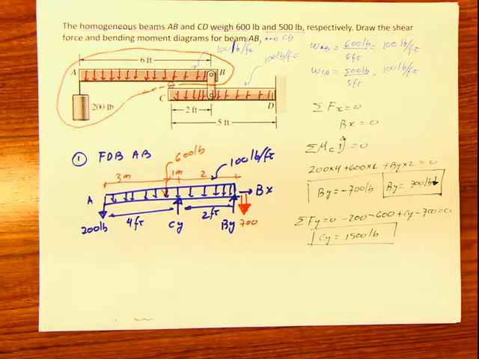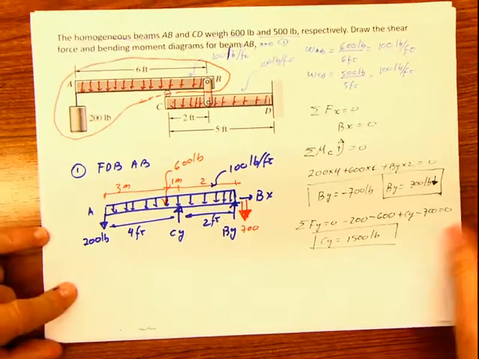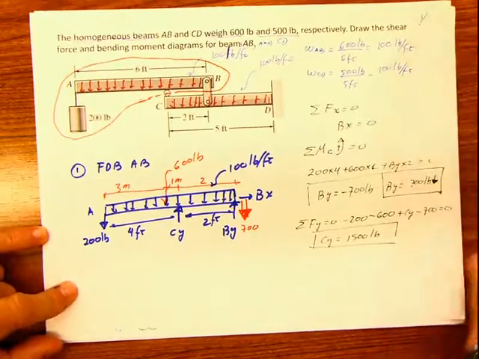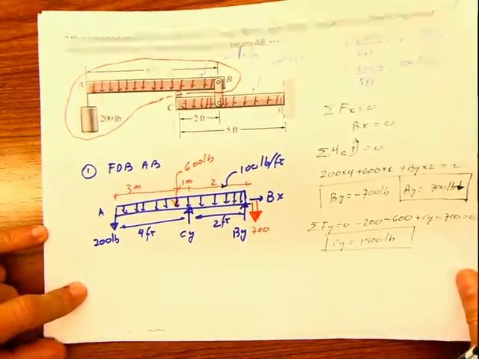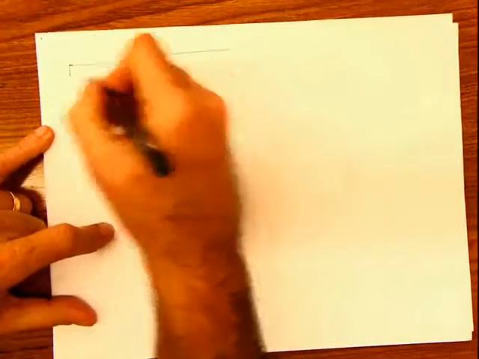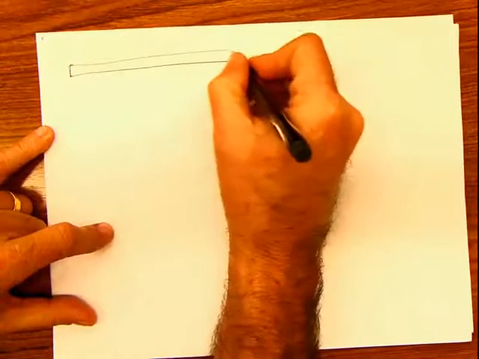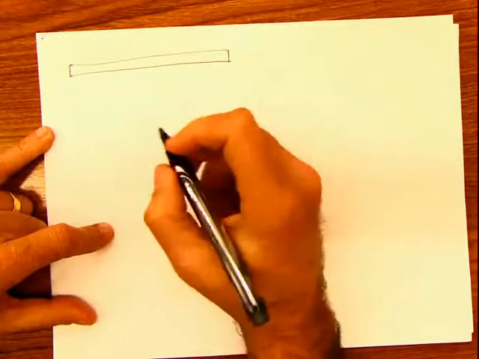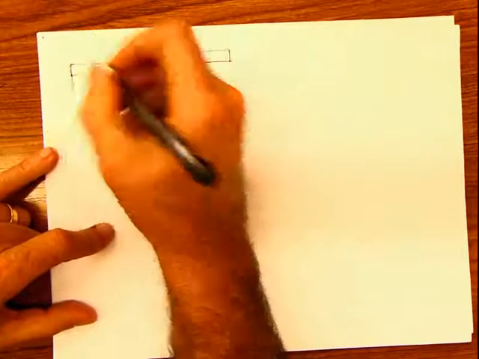That means that we can start working with our beam. I'm going to copy now a scheme, a diagram just for that beam. So this is what we have. We have a load of 200 here.